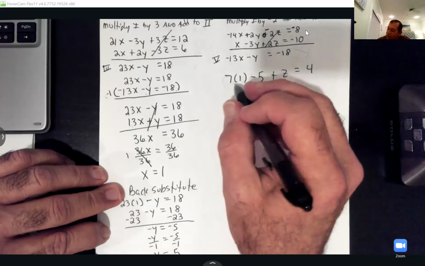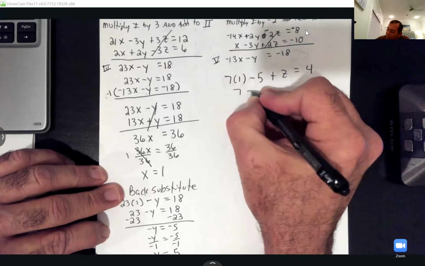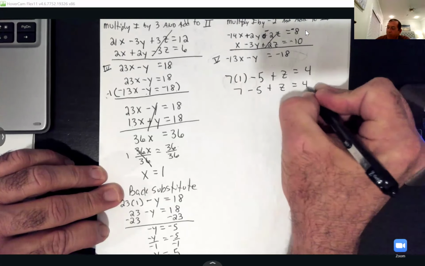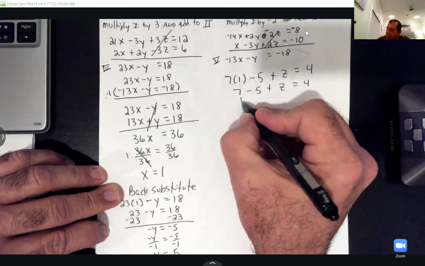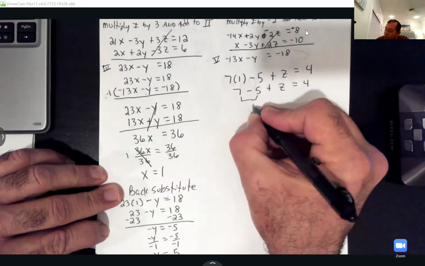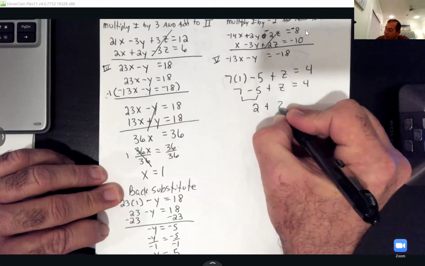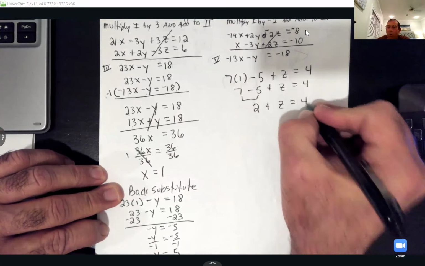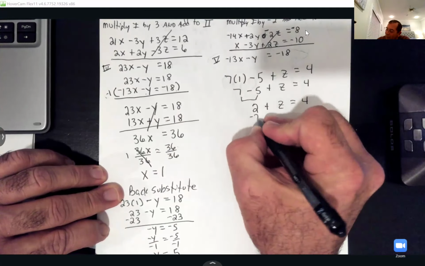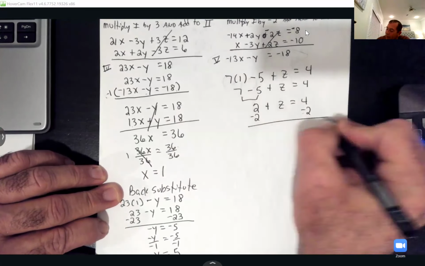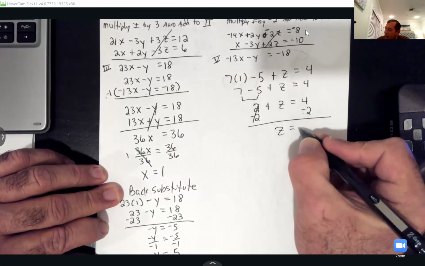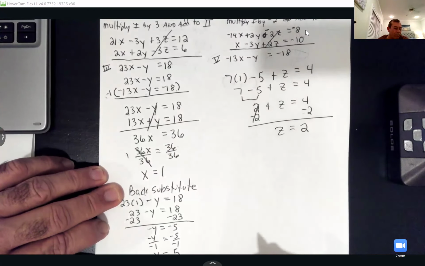Y'all, multiply first. 7 times 1 is 7, minus 5, plus z equals 4. On the left side, add like terms. 7 minus 5 is 2, plus z equals 4. And y'all look, my last step, subtract 2. So that cancels. I get my z. 4 minus 2 is 2.